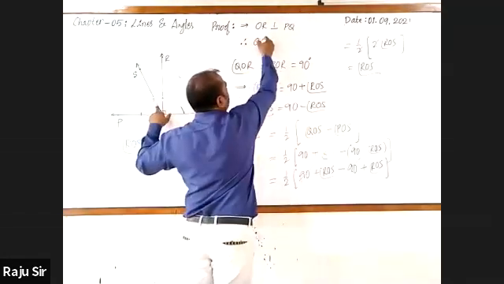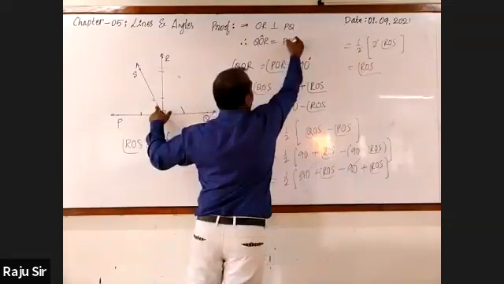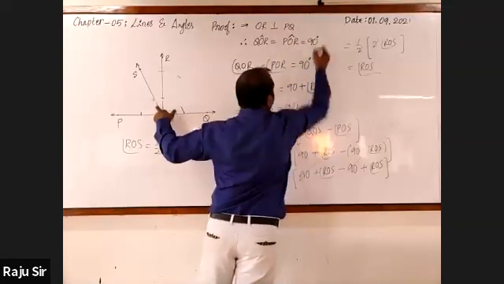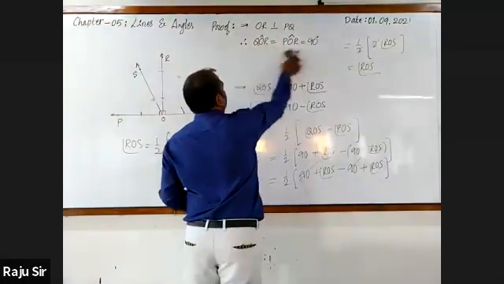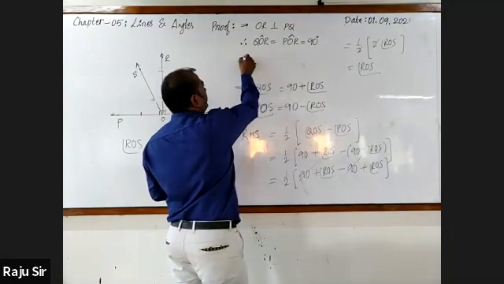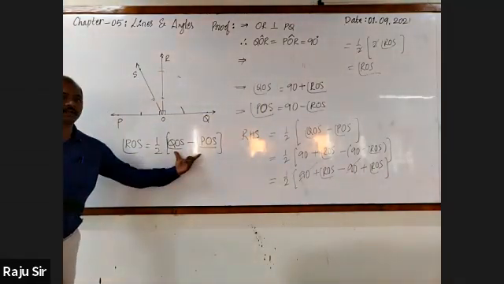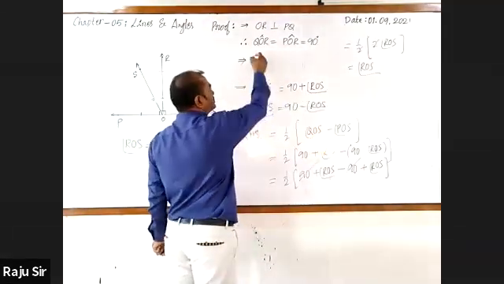Angle QOR equals angle POR equals 90. Then let us write these angles QOS and POS in terms of ROS.